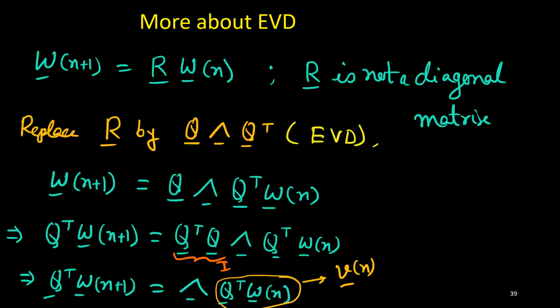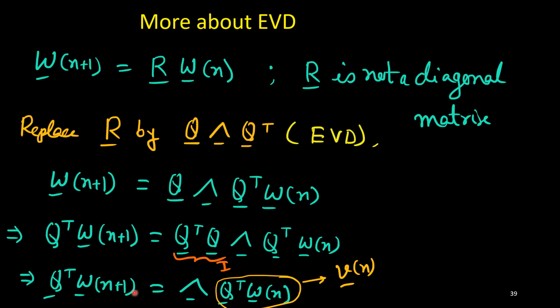Now, if I consider Q transpose Wn as another vector Vn, we can consider this as a transformation. Q transpose Wn is one transformation on Wn to get a new vector Vn.